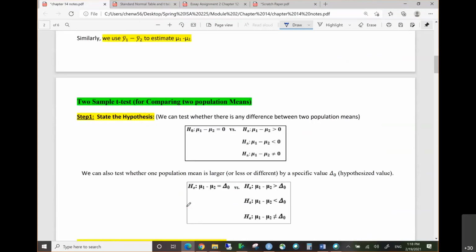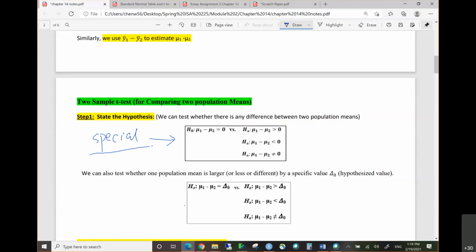Right. So for the first step, we say this is a special case, right? For this special case, I don't care by what amount mu1 is larger than mu2. I just want to compare these two. Right?